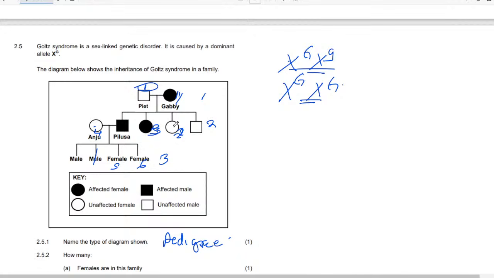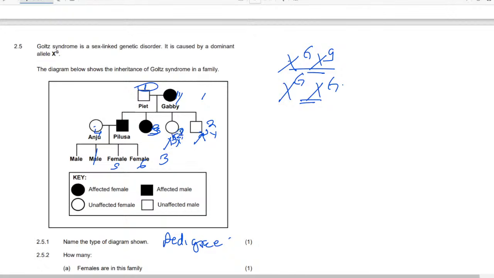Now you look at the babies. Is there any baby who is normal, without the condition? Yes. Remember, this is the recessive allele. So this is a male with small g, capital Y, and this is a female, small g, small g.